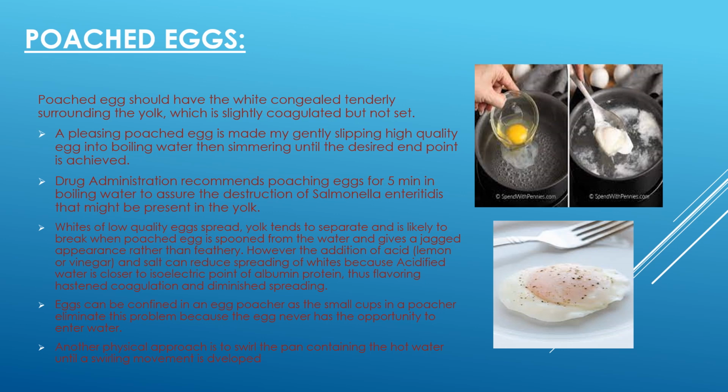Otherwise, people can use egg poachers, which are like small cups, so that the egg remains in that cup while being made. Another physical approach is to swirl the pan containing hot water until the water develops a swirling movement for an egg.